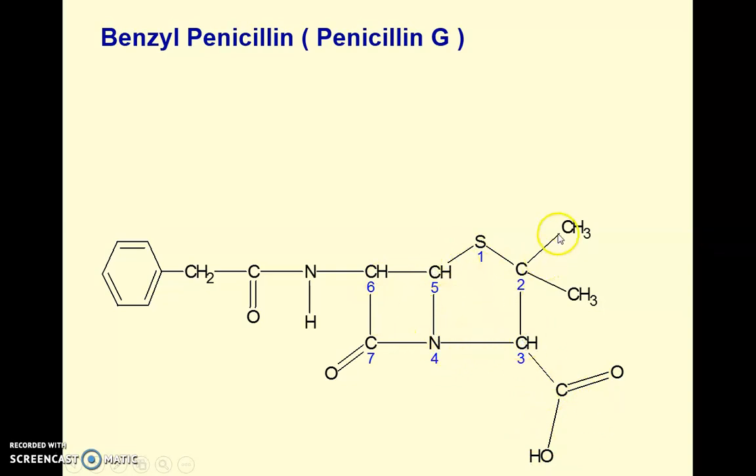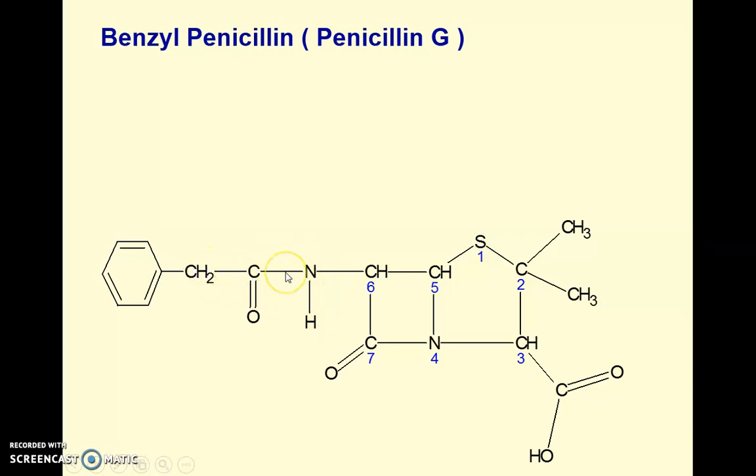At the second position there are two methyl groups, so we call it 2,2-dimethyl, and at the sixth position there is the acyl side chain, which we call acetamido. Why do we call it acetamido? CH3CO is aceta, and CONH indicates it's an amide, that's why acetamido.